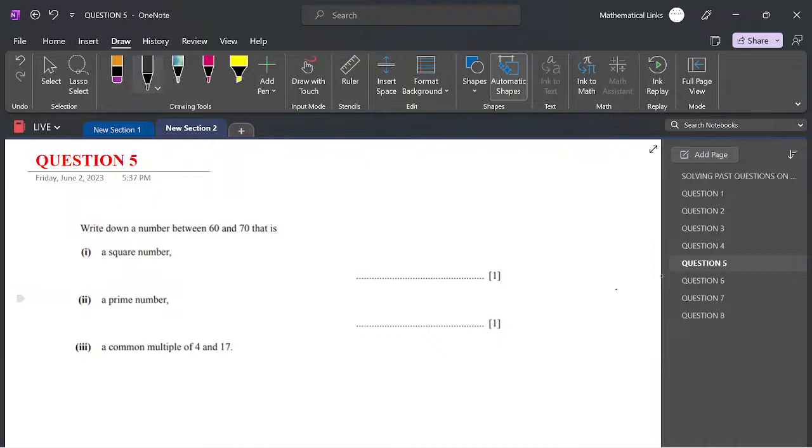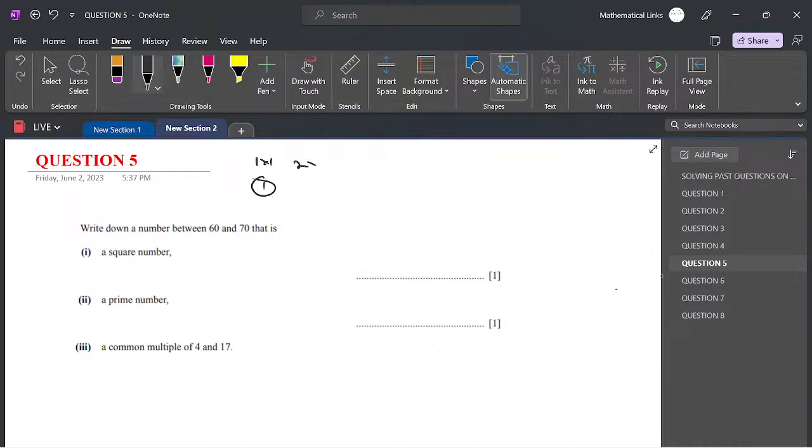So here, you know what a square number is, okay? That is when you multiply an integer by itself, the product is a square number. So you have 1 by 1, that is 1, a square number.